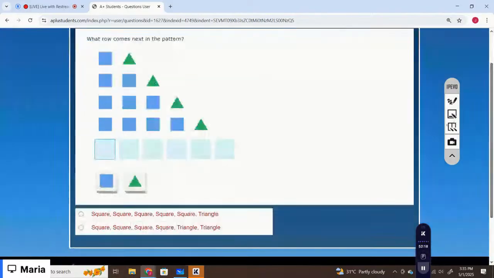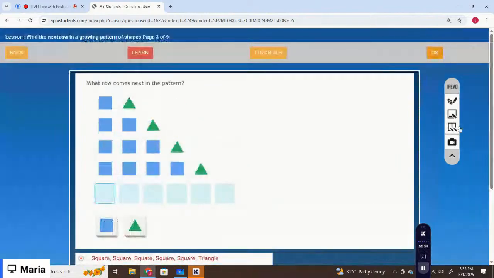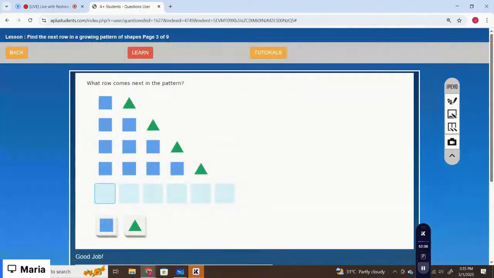The next one in the row is five squares and one triangle. Option number one is the correct option. One, two, three, four, five squares and one triangle. Option number one is the correct option.